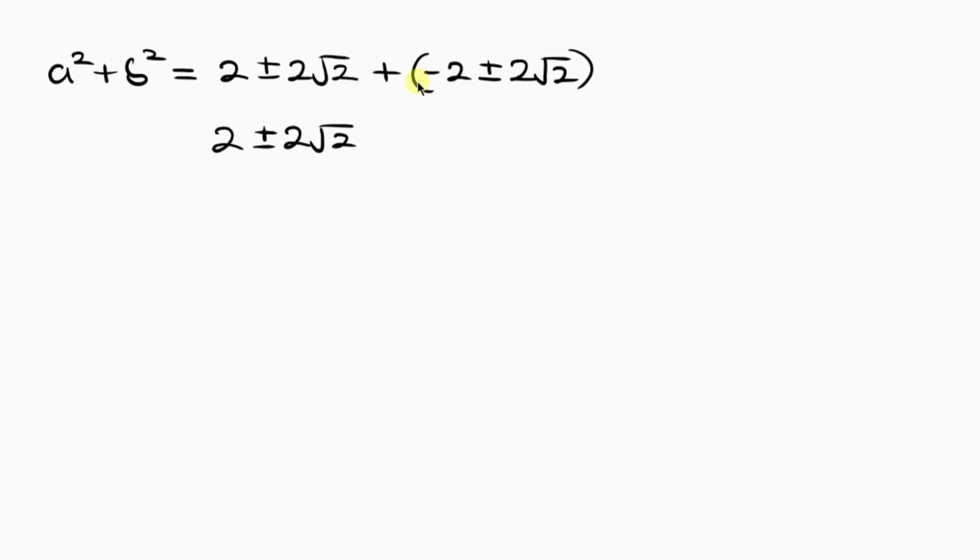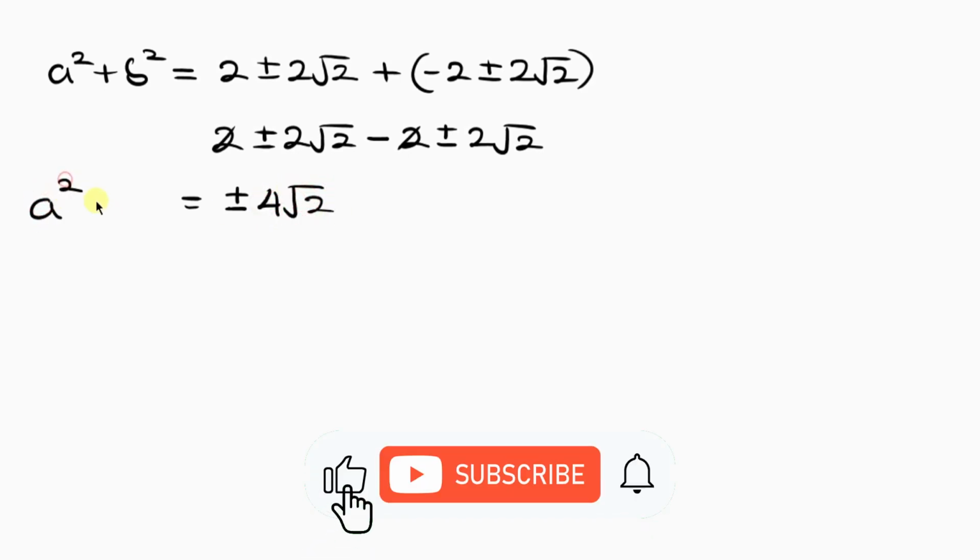Now plus times minus is going to give us minus 2. I'll leave this just the way it is, plus or minus 2 root 2. Now notice that 2 minus 2 will be gone. So this will be equal to plus or minus 2 root 2 plus or minus 2 root 2, which is going to give us plus or minus 4 root 2. So this is the value we got from a squared plus b squared.